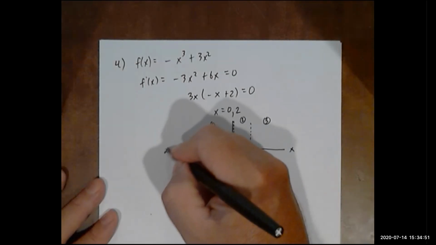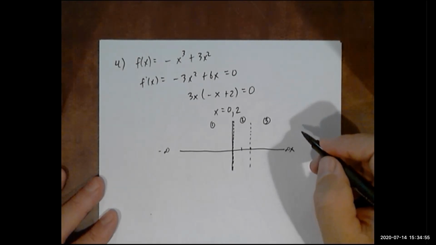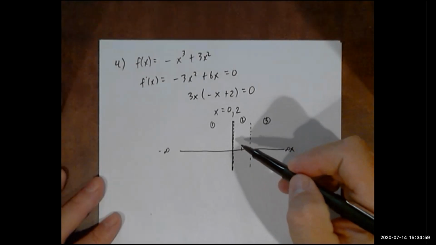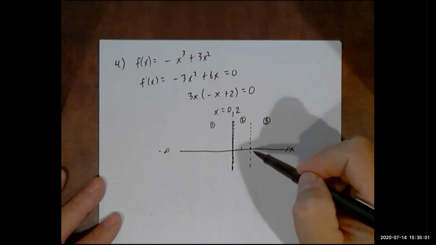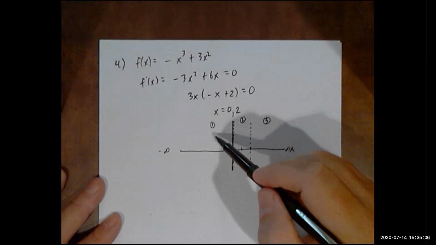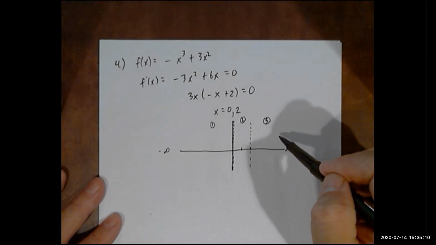So x starts at negative infinity and goes to infinity. Hopefully you can see the first region is negative infinity to 0. The second region is 0 to 2, and the third region is 2 to infinity. I need to find the sign of the first derivative in each of these 3 regions.